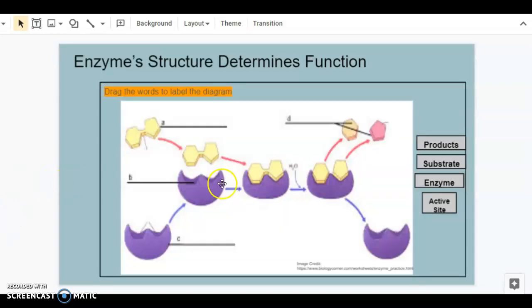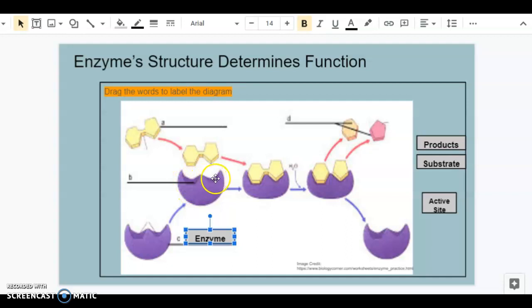Now let's look at a diagram that you will often see on the test and need to label. Same idea as Goldie and the substrates. To identify the enzyme, look for the chemical that has a specific shape and it helps something, but then it releases it and doesn't change. That's your enzyme.